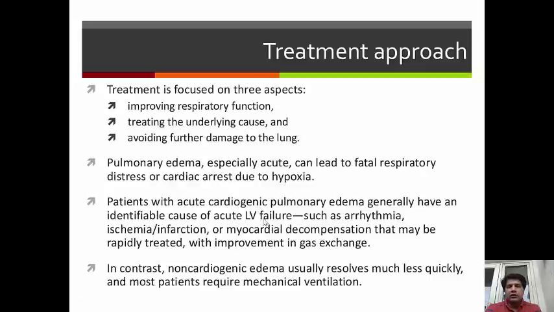Non-cardiogenic ARDS is very difficult to treat because here the pulmonary capillaries have been damaged. You don't have to correct pressure, you have to repair the capillaries. So that is why ARDS might require mechanical ventilation, because it takes long.